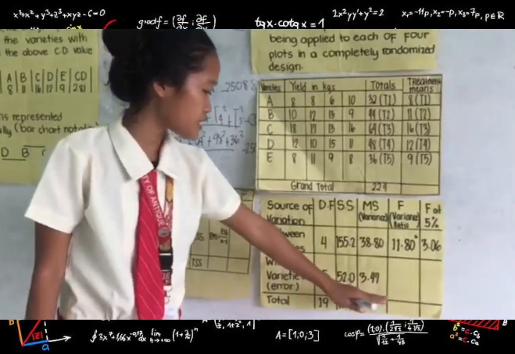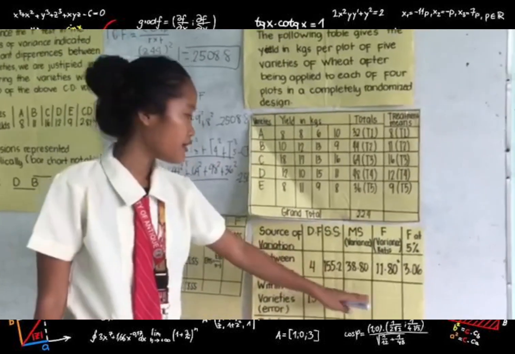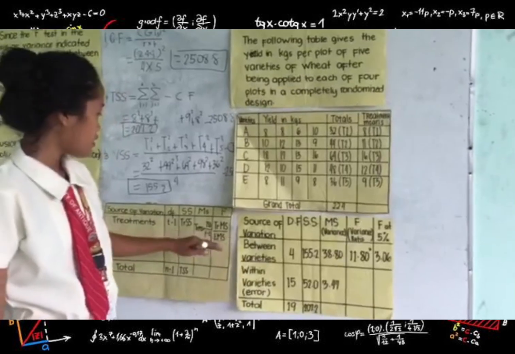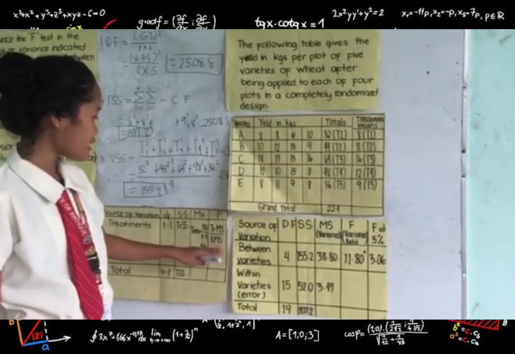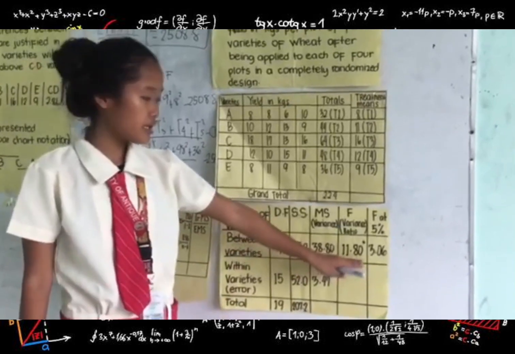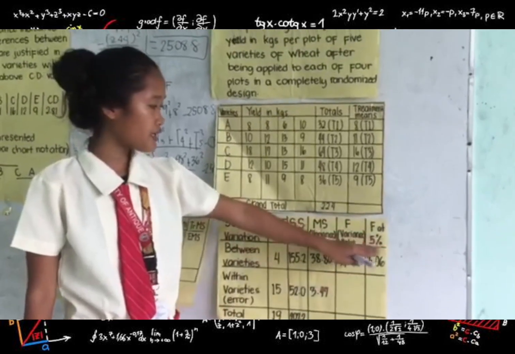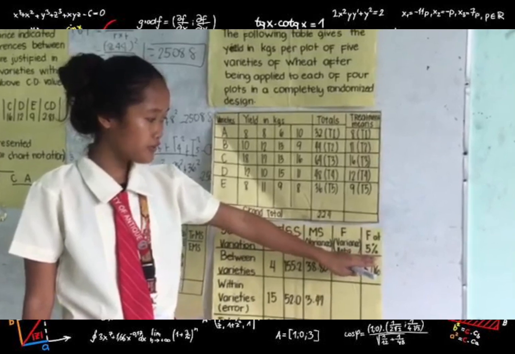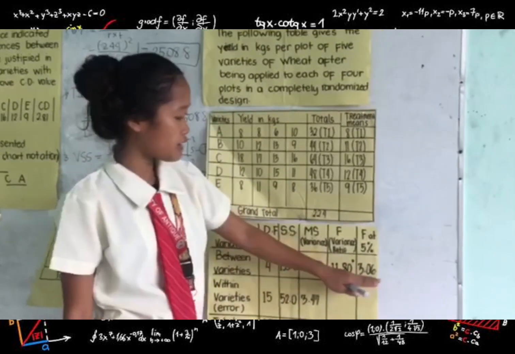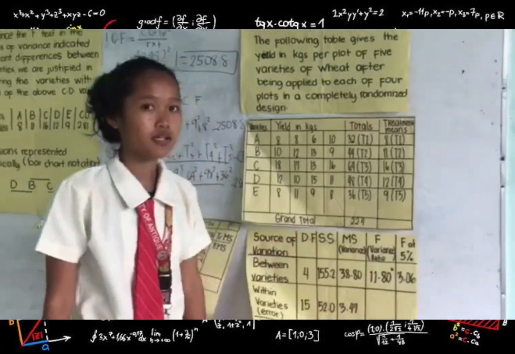The result is 3.47. For our F variance ratio, we have TRMS divided by EMS. The result is 11.80. For F at the 5% level of significance, we have 3.06.